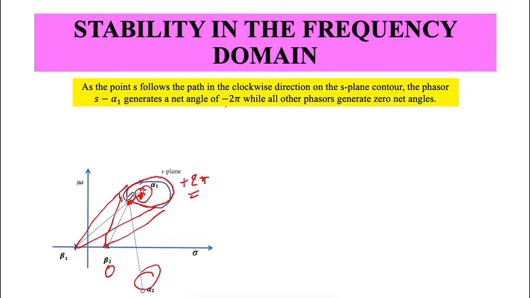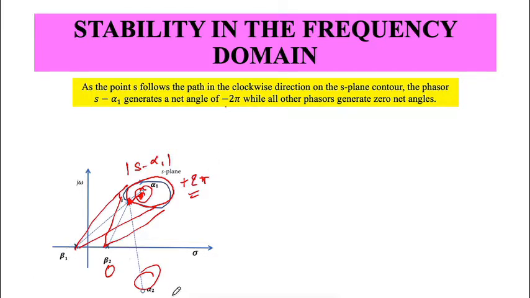If I were to mark this, this would be a phasor of S minus alpha 1. First you can write it here. It generates an angle of 2 pi, while all other phasors generate an angle of 0.